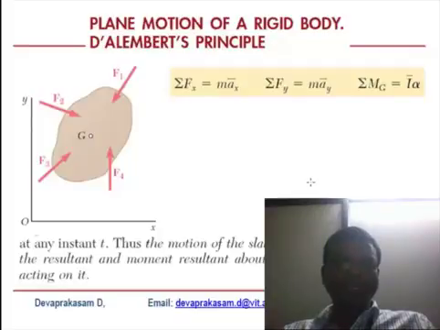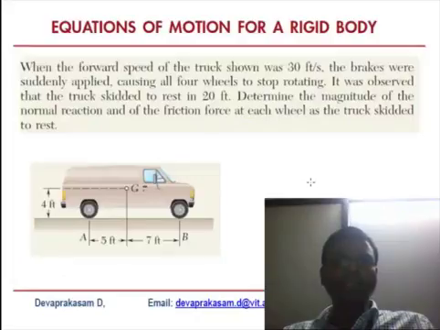That's what we call D'Alembert's principle. So any motion of a rigid body in a plane, you can resolve into a translation, with forces in the x and y direction, and the moment you can resolve into I into alpha, out of the plane. So let us look into a simple problem.